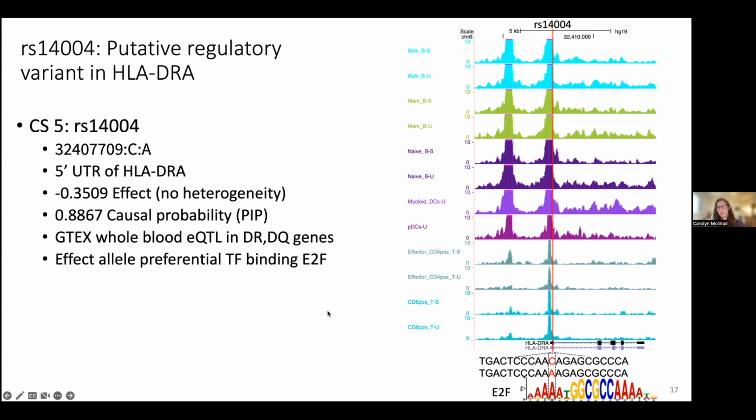So this is definitely one of the variants of interest that we would like to move forward with. And since it was also identified using other association approaches, this does seem to be likely a true causal non-coding credible set.